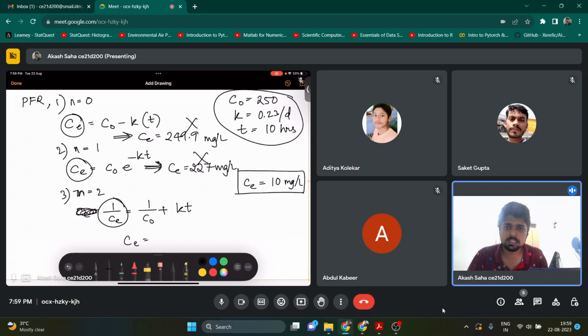This is also not the answer. Let's see what is the C in the case of second order reaction.